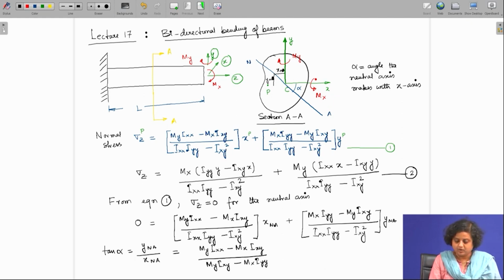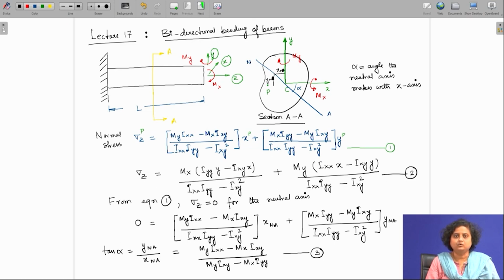So, this is the expression for tan alpha. By solving this equation 3, we can get the angle alpha that the neutral axis makes with the x axis.